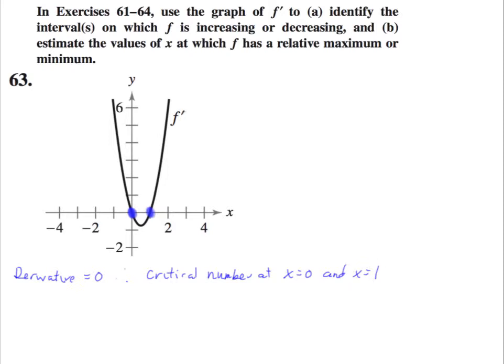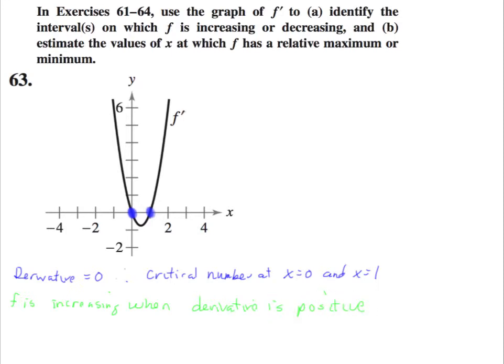Next, we're going to find the intervals in which our function is increasing or decreasing. So when our derivative is positive, we have intervals of increasing on our original function. If our derivative is negative, we have intervals of decreasing. So when our function is increasing, our derivative is positive.